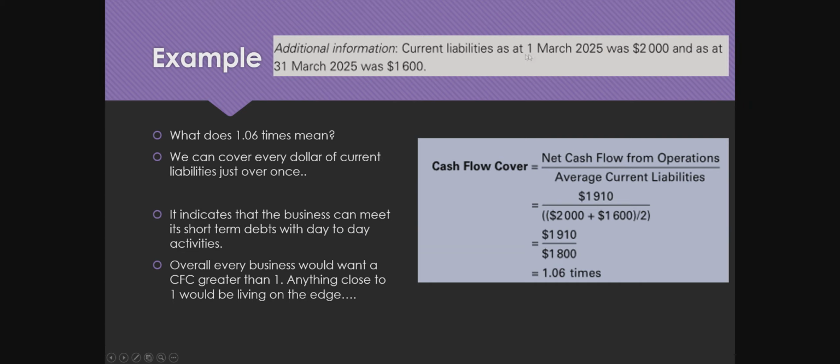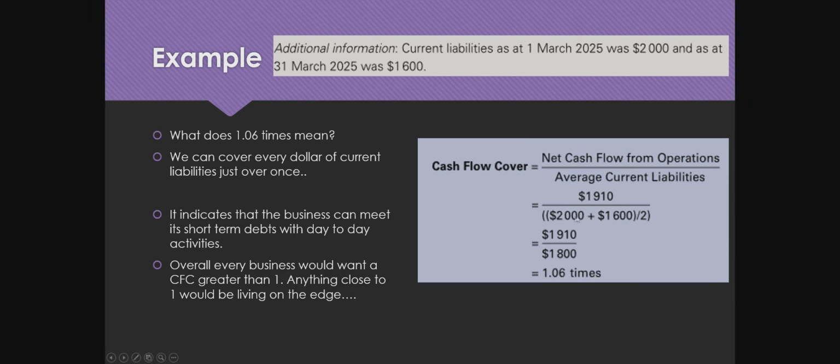So here's an example. Current liabilities on the 1st of March was $2,000, and on the 31st of March it was $1,600. So we need to figure out the average of the two. All you do is add 2,000 and 1,600 together, divide it by 2, and voila, you've got the average. So if we look back, we found out that our net cash from operating activities is $1,910.